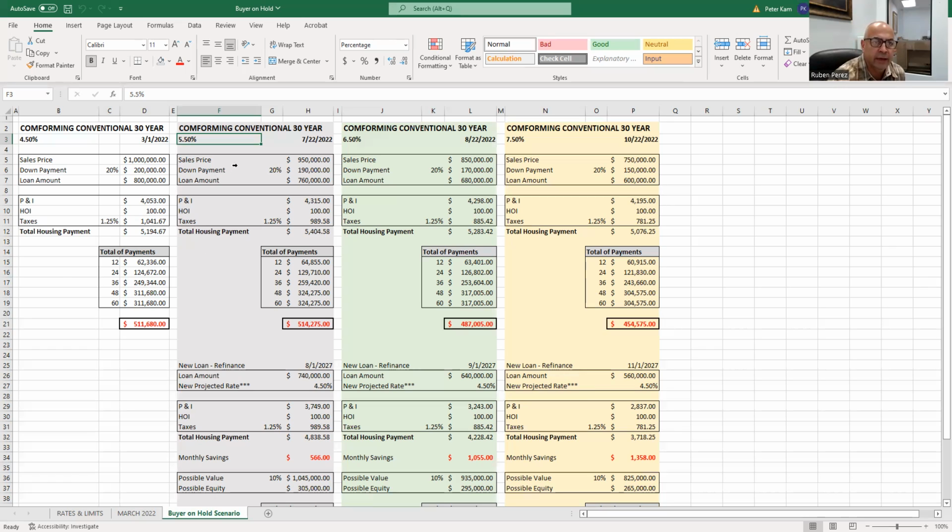So in this scenario, I didn't do it drastically. I only reduced it by $50,000. Realistically, I think this $1 million price, you would be able to get for $900,000 right now. But let's be very conservative, and the sales price is 950 now. So right off the bat, they're saving $50,000.